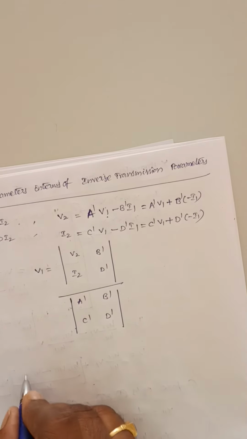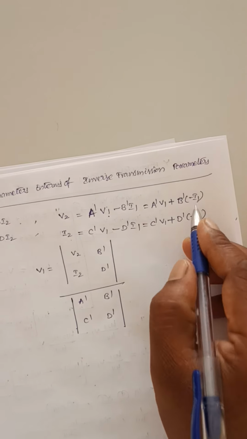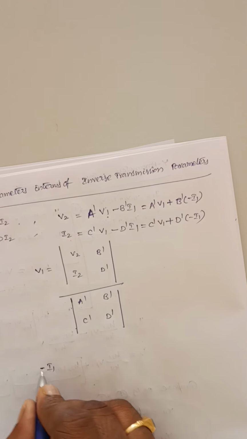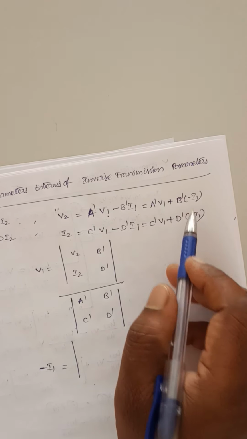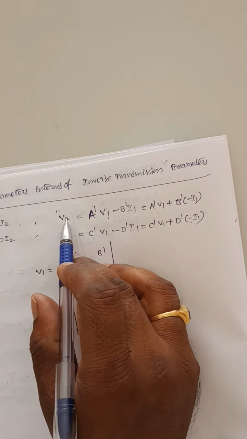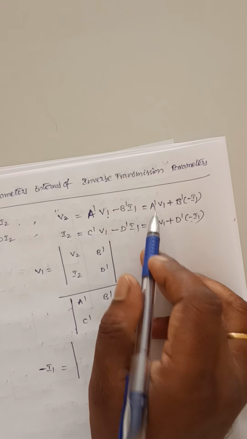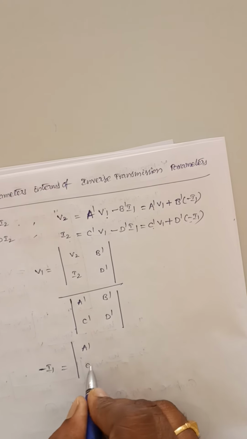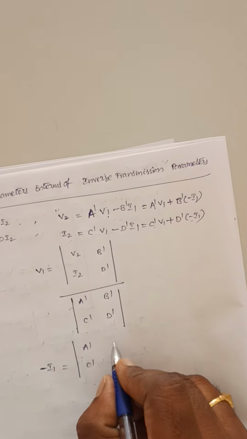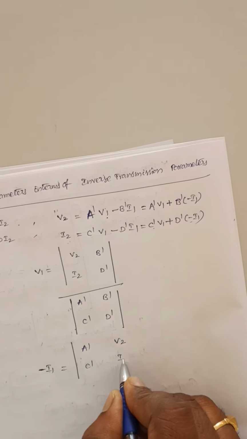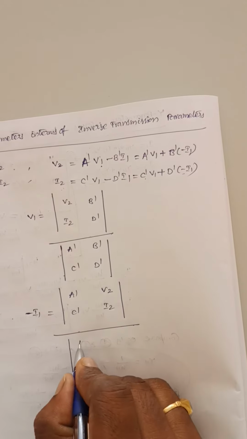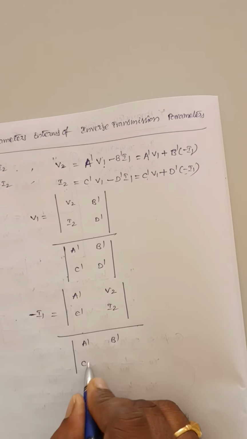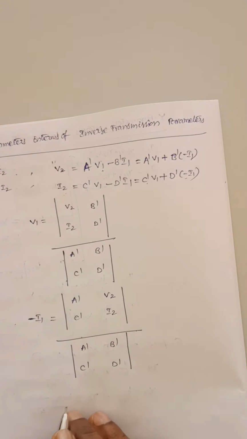Next one, instead of writing I1, now I am writing minus I1. It's minus I1 is equal to, you write here a dash d dash v2 I2, divided by the same a dash b dash c dash d dash.